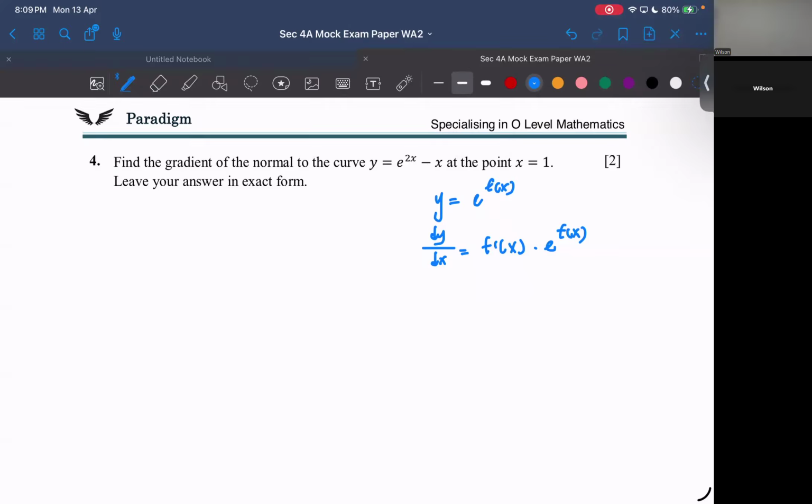Supposed to be 2 minutes. What is the answer?